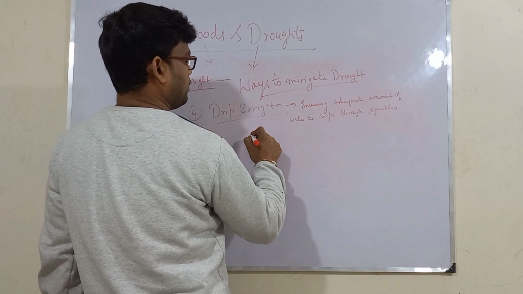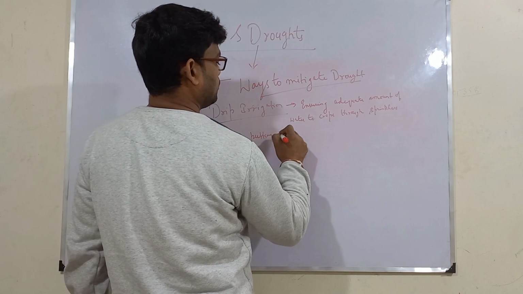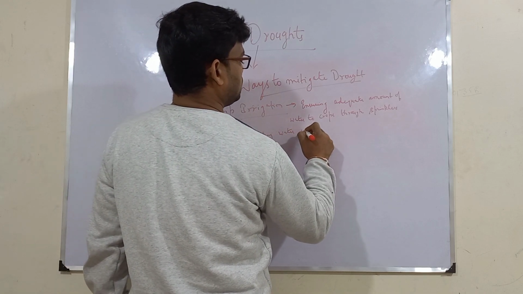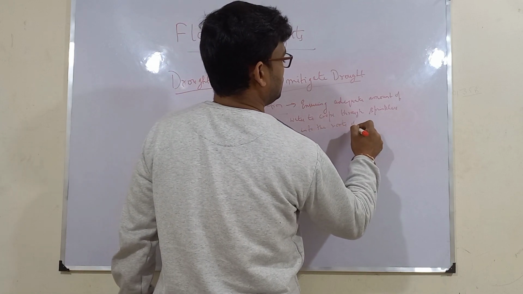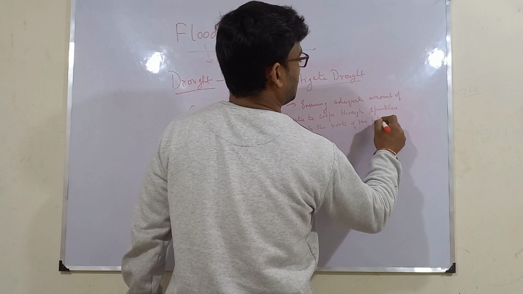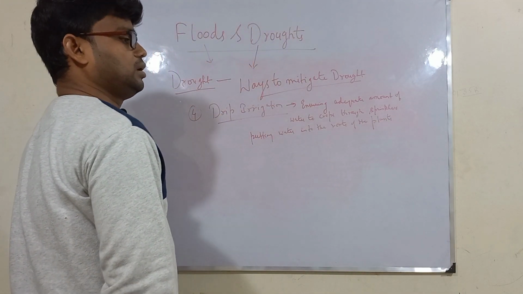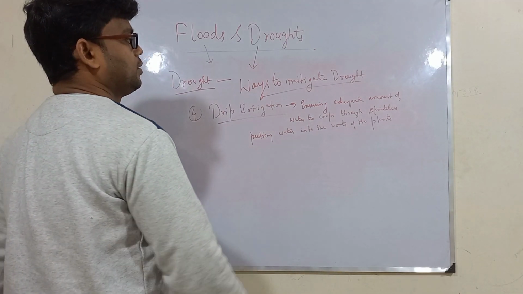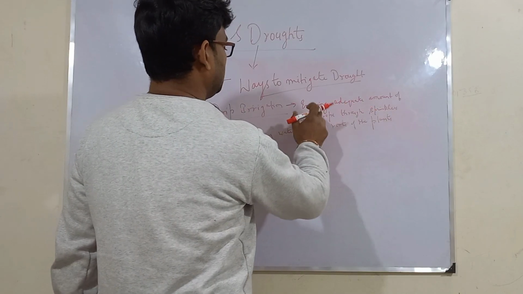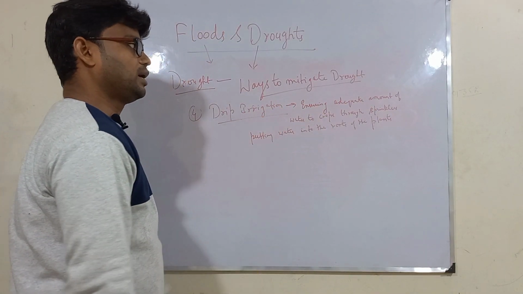Okay, by sprinklers putting water into the roots of the plants. Means water is put directly into the roots of the plants and waterlogging is avoided in the agricultural field. Okay, with the help of sprinklers, and this drip irrigation is used to reduce the water required in irrigation activities.